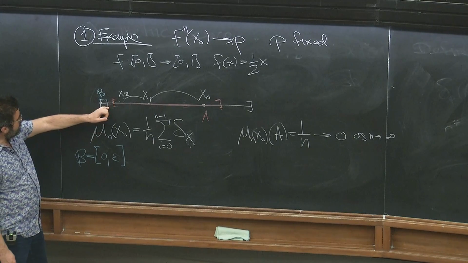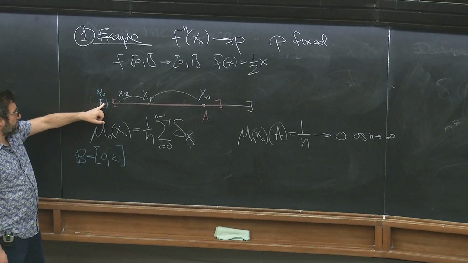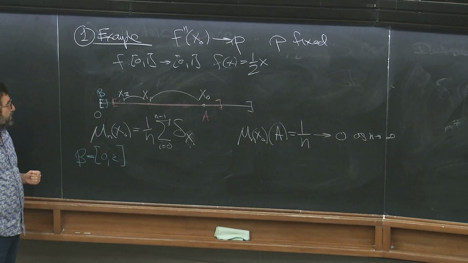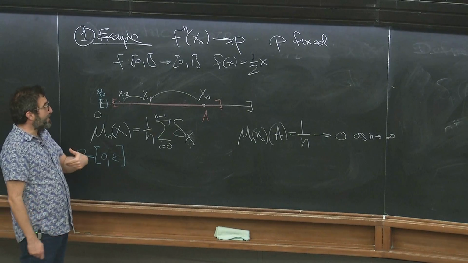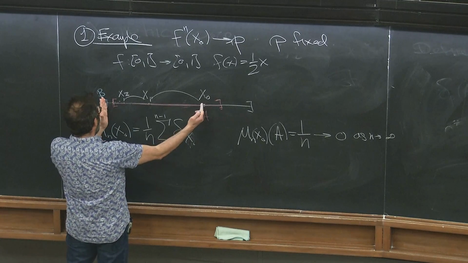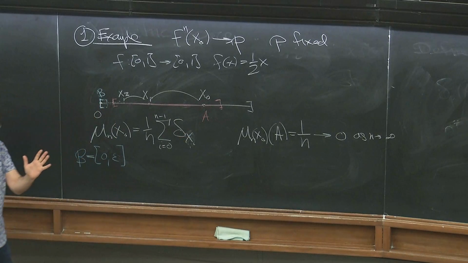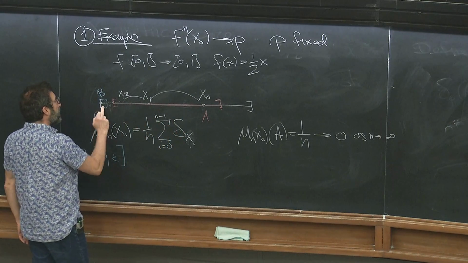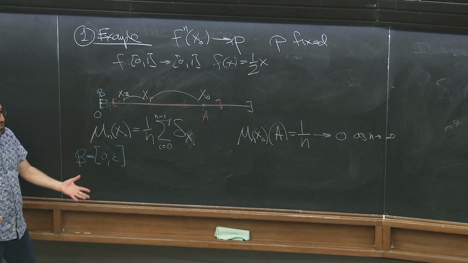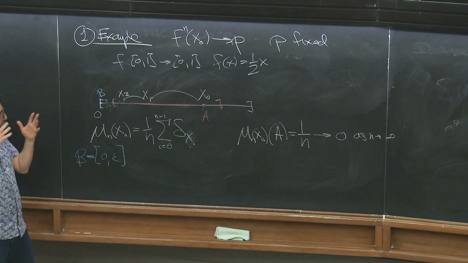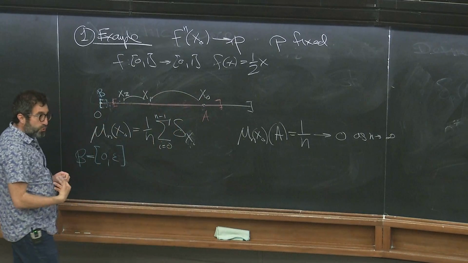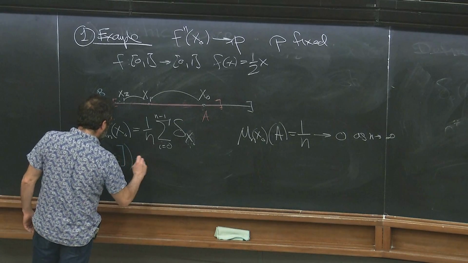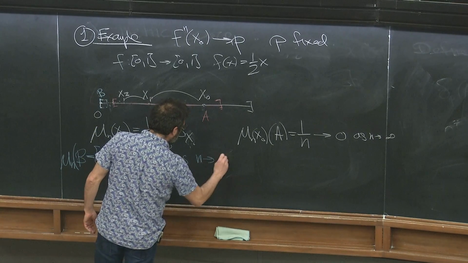But eventually, the points of the orbit start entering B. When n is sufficiently large, most of the points will be inside B, and this will become more and more so. As n tends to infinity, the number of points outside B stays the same. Once I fix epsilon, I know that I have 1 million points outside B, but all the others are inside B. So as n becomes sufficiently big, the proportion of these 1 million points over n goes to 0. So the measure that stays outside B goes to 0, and all the measure tends to B. So the measure mu_n of B tends to 1 as n tends to infinity.